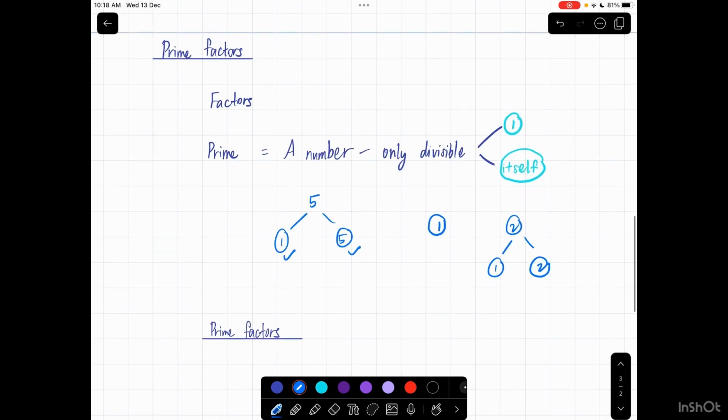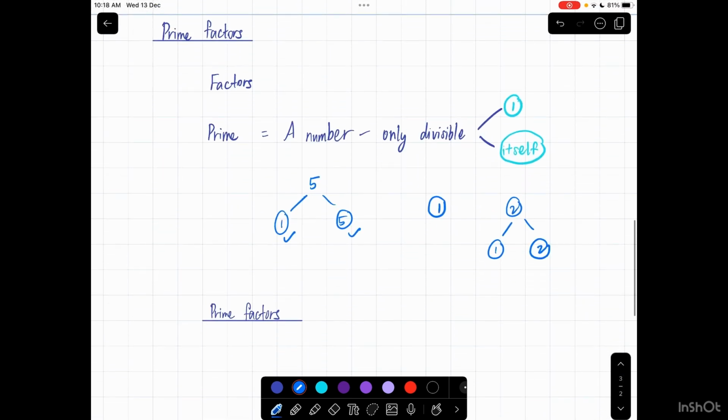This subtopic about prime factors is mostly about understanding what prime numbers actually mean, so that you can pick out the prime numbers from the factors of a number.